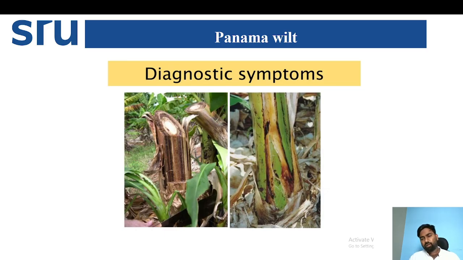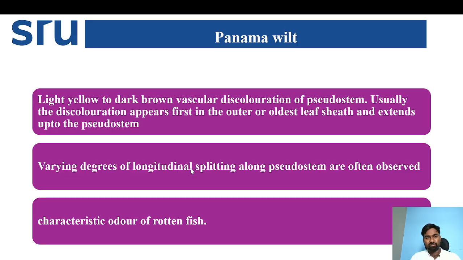At the base of the plant, we can see there is a V-shaped splitting or crack development at the base of the stem. And when we cut open the infected plant, we can see brown to black discoloration of the pseudostem near the periphery region, which is more concentrated on the periphery. So again, these are the symptoms: light yellow to dark brown discoloration of the pseudostem.